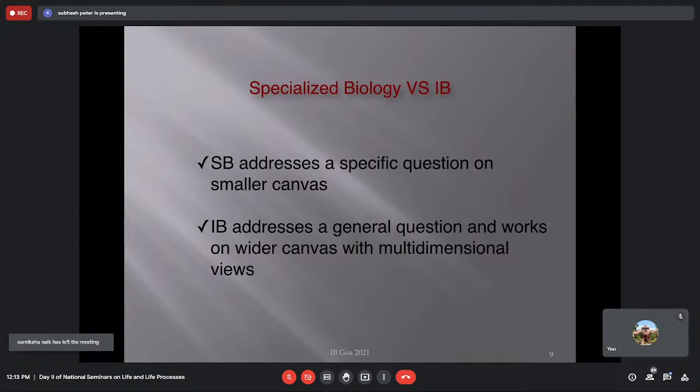Specialized biology, because of reductionism, always addresses a specific question, having a small canvas, maybe a big magnified canvas. But integrative biology addresses a general question and how it relates to multidimensional views.